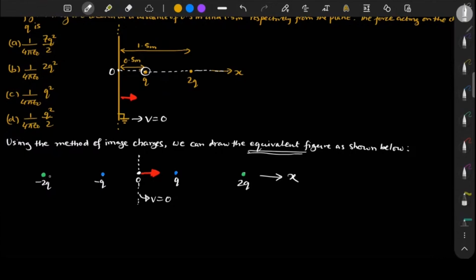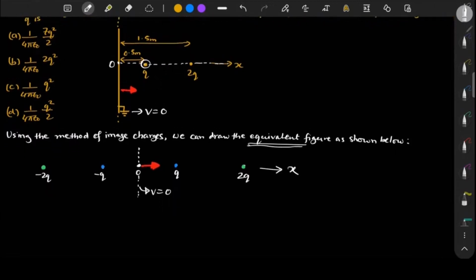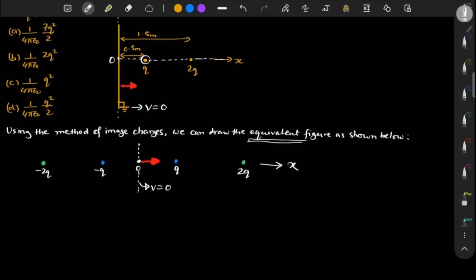And using this kind of minus 2q, minus q, plus q, plus 2q charge configuration, you are able to replicate that situation of having potential equal to 0 along that plane. So that's why we can replace this conducting plane by this charge configuration to simplify our problem. But it only works in the positive x direction. You cannot use this configuration to find out stuff in the negative x direction.